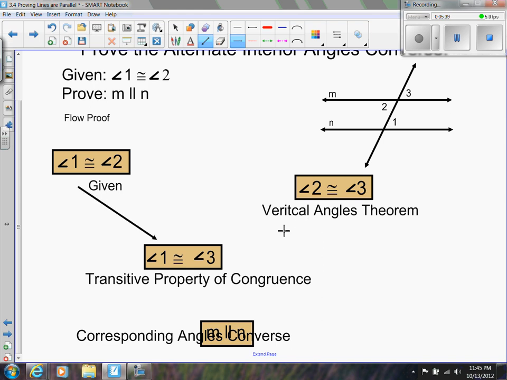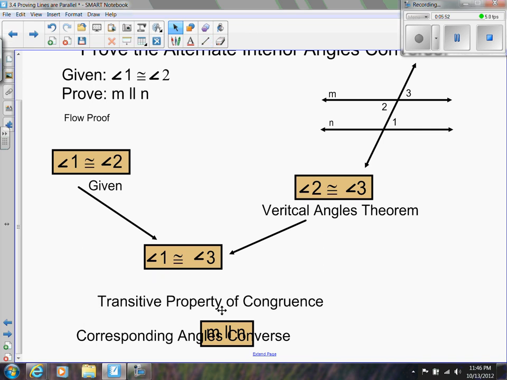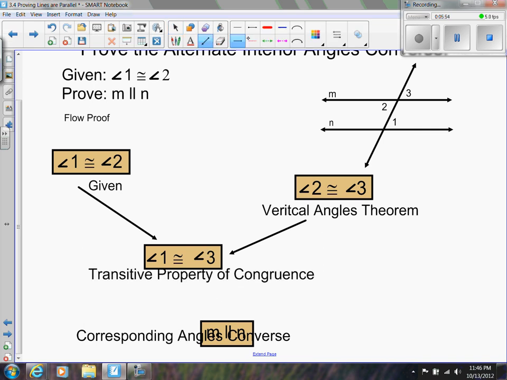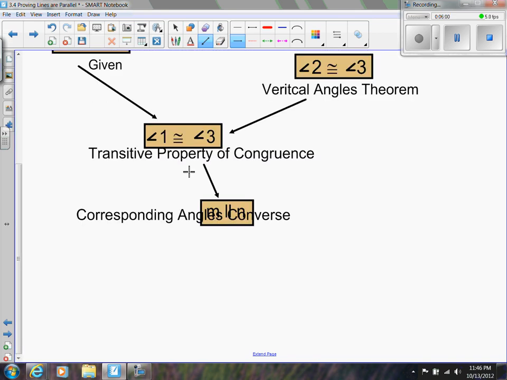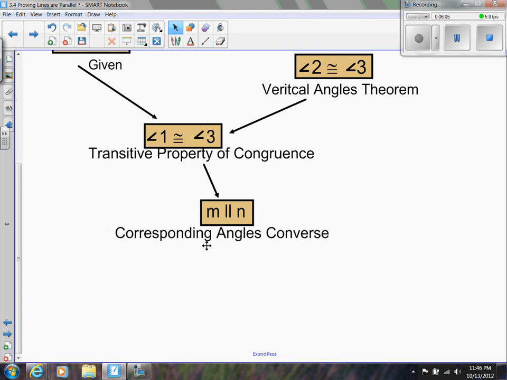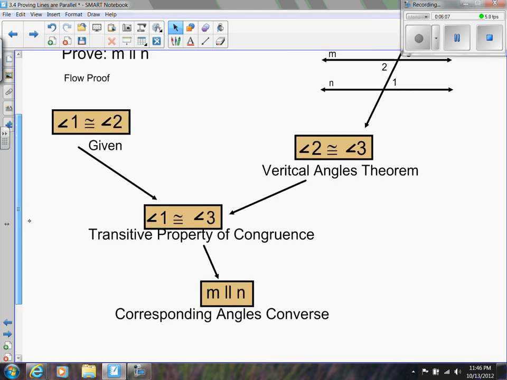I'm using both these statements, right? I'm using angle 1 is congruent to angle 2, angle 2 is congruent to angle 3, therefore angle 1 is congruent to angle 3. We're skipping over 2 with the transitive property, and now we can conclude that M is parallel to N by the corresponding angles converse, okay?